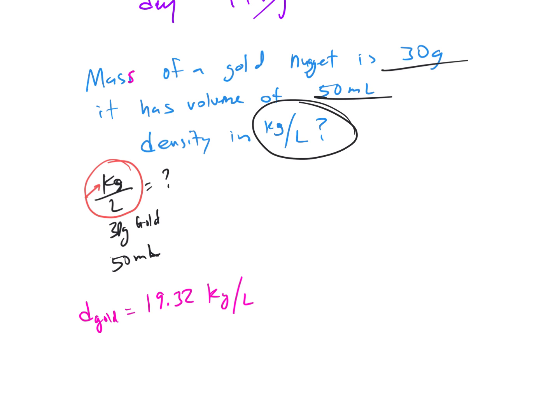We're going to put that on top, in its place. 30 grams. And what's closest to liters that we have? Milliliters. If we divide those, is that going to be the answer? Maybe not, right? So now we just convert.